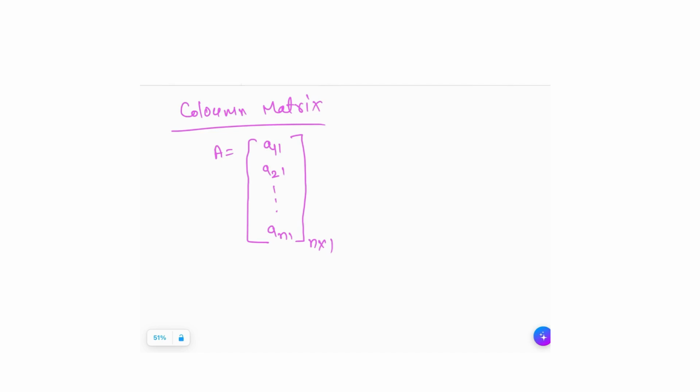Similarly, a column matrix is of the form A equals a11, a21 up to an1. This is an n cross 1 order matrix. We have n rows and 1 column.